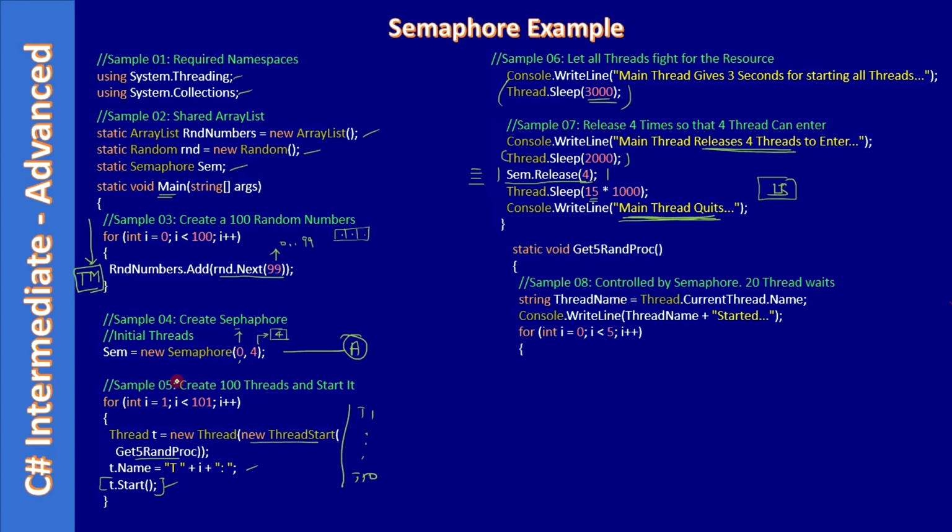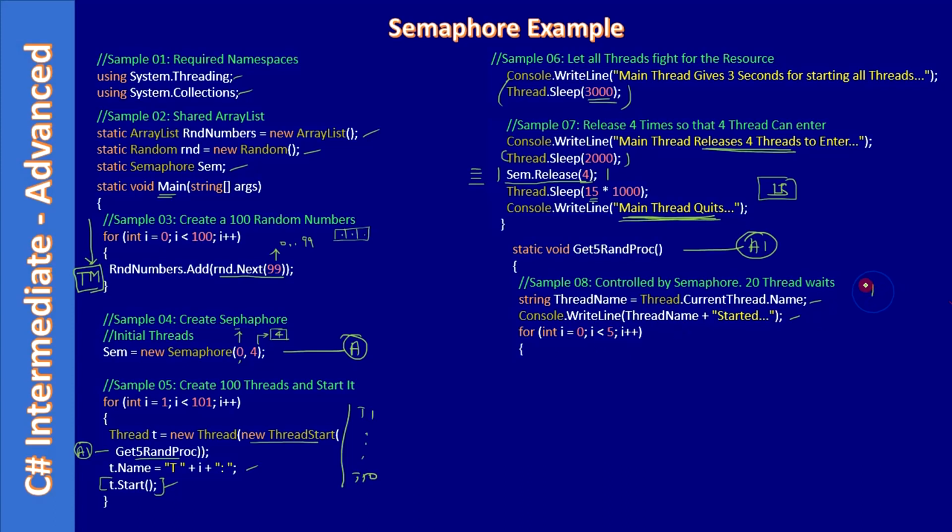So here is our Get5Rand procedure, and here we are getting the thread name. The thread name was already assigned here. This is just for printing purposes, so that you will know which thread is accessing the resource. So Console.WriteLine thread name started, then the thread will run 5 times.